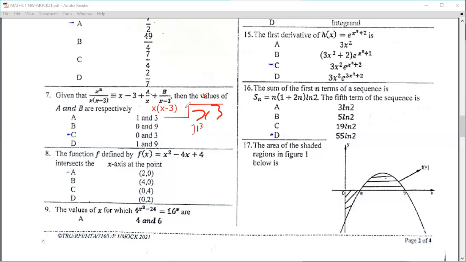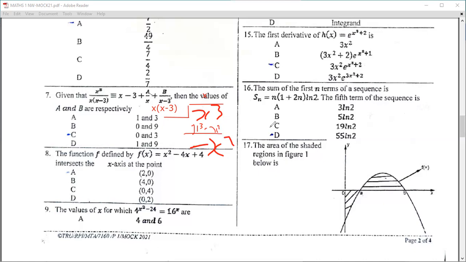Then x times minus 3x gives x cubed minus 3x squared. When we subtract all of this, x cubed minus x cubed is 0, and then we have nothing minus 3x squared, so we have minus x squared.